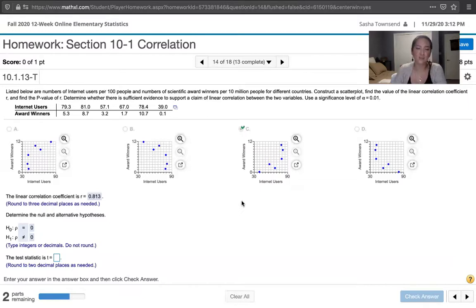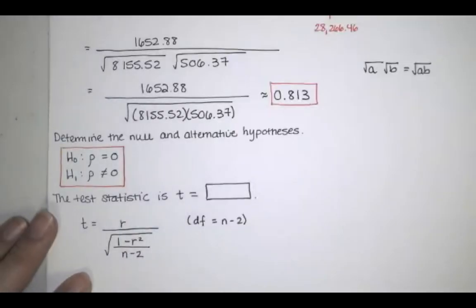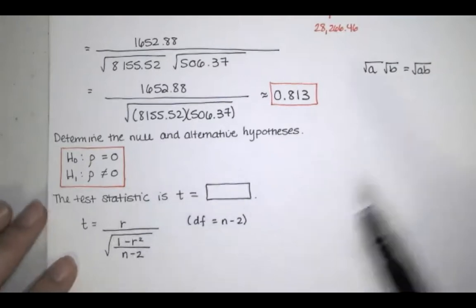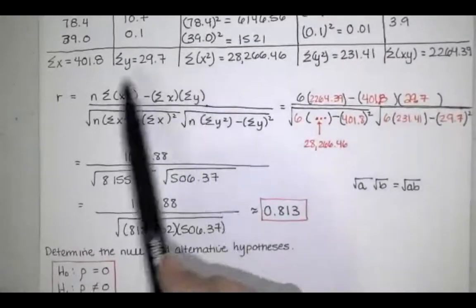And then we're asked to compute the test statistic. I will share my paper with you for this one as well. So the test statistic T is a t-score from a student t-distribution corresponding to the sample statistic R. Now, the R value is a sample statistic because it's computed using our data.